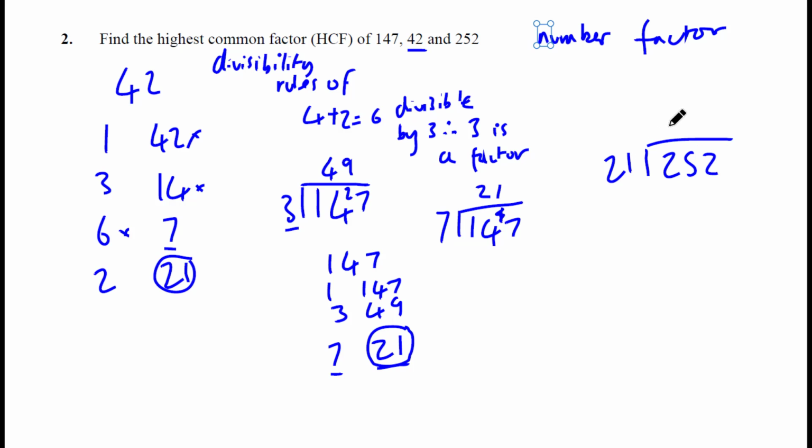So 21 into 25 goes in once, remainder 4, and 2 21s go into 42. So for 252, 12 and 21 is a factor, but you can see from here that 21 must be the highest common factor, and that's your 2 marks achieved.